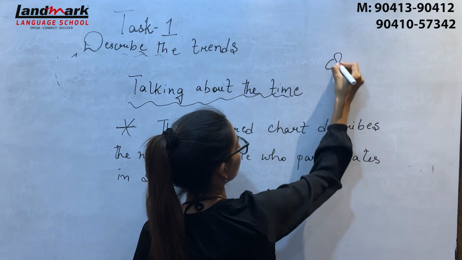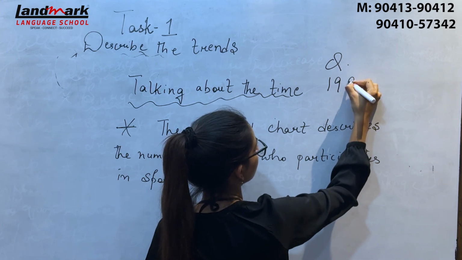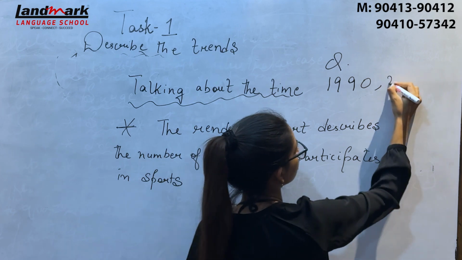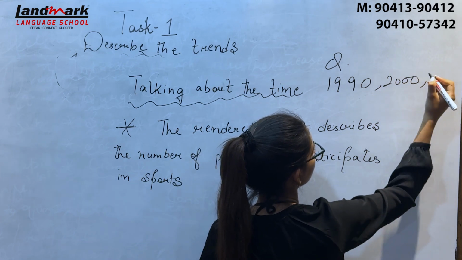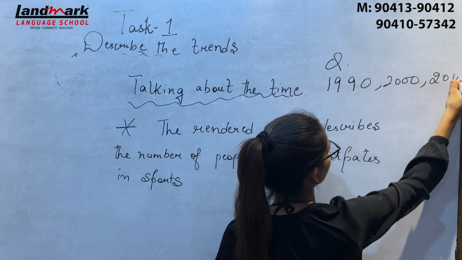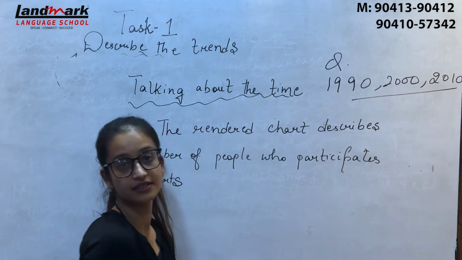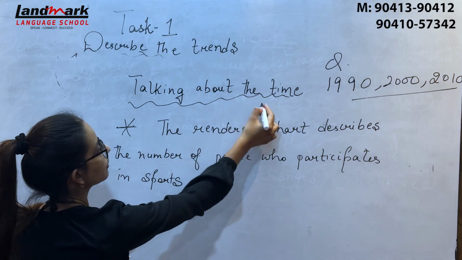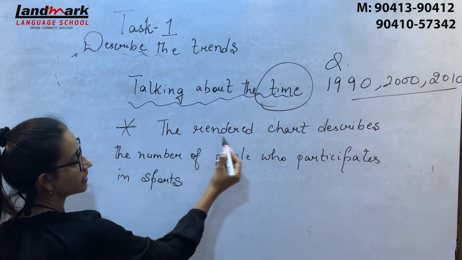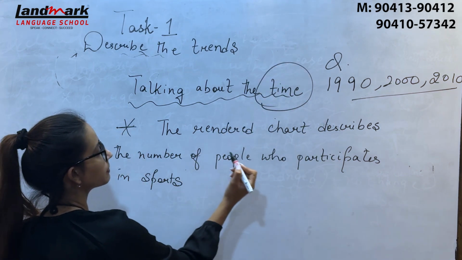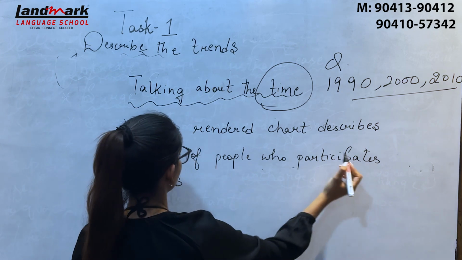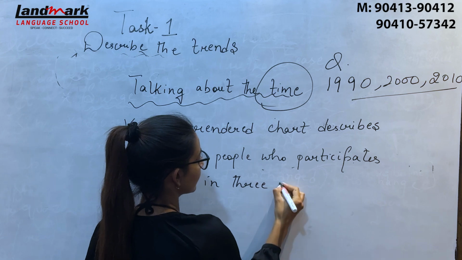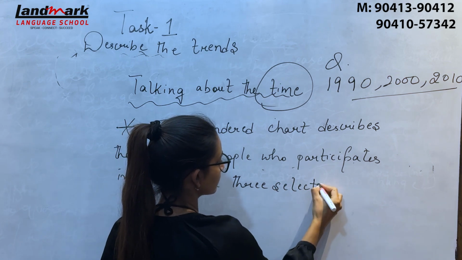If in the question it is 1990, then 2000, and then 2010, so there are three years, here we can write about the time: the rendered chart describes the number of people who participate in sports in three selected years.